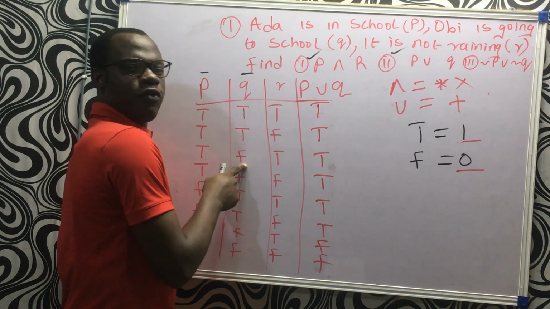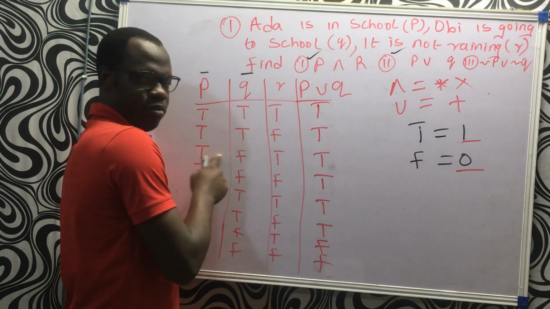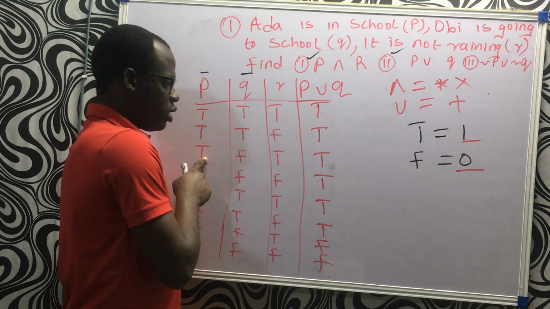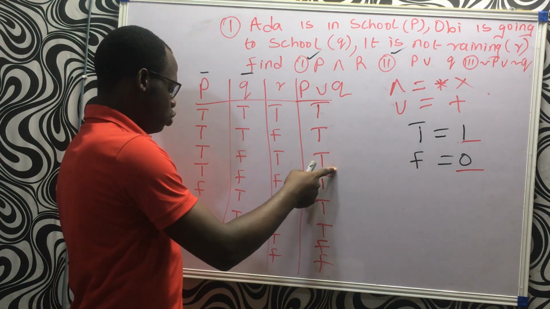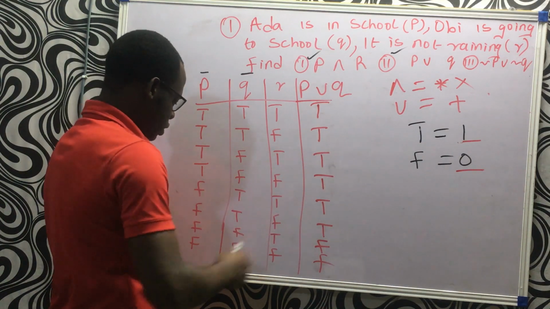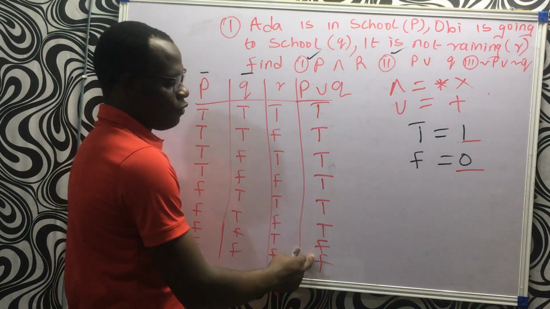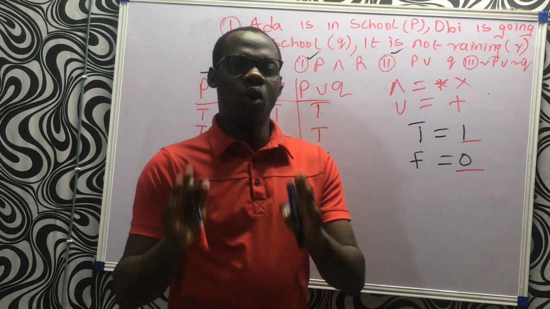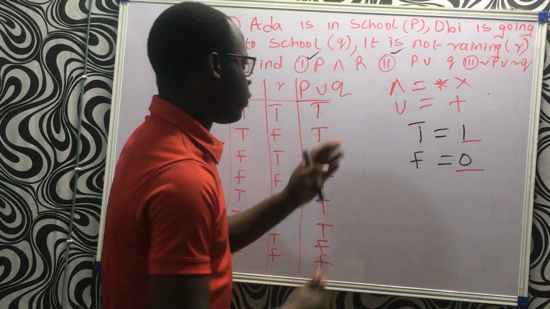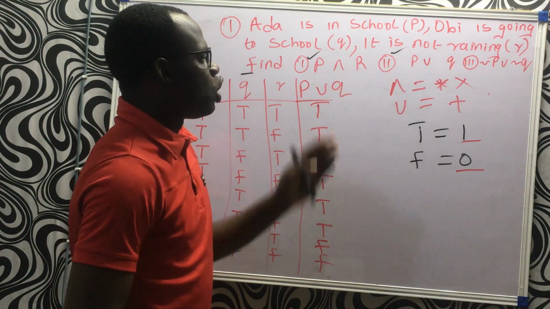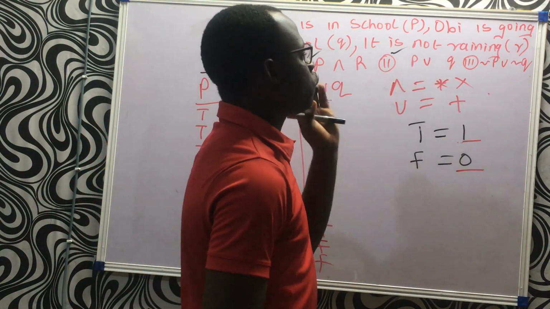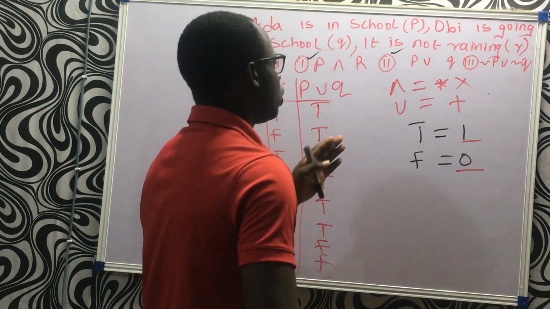Now, true or false, even when any of the inputs is true, the output will definitely be true. Otherwise, false. At the point where none of the inputs is true, it becomes false. So either you use this law or you use the law of addition. Now, let's go to the next question, which says the negation of P or the negation of Q.